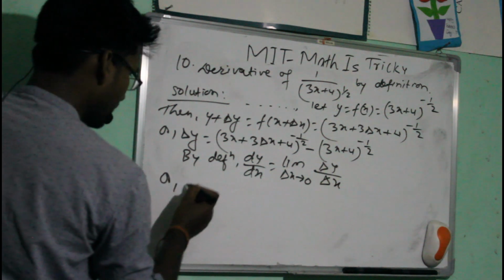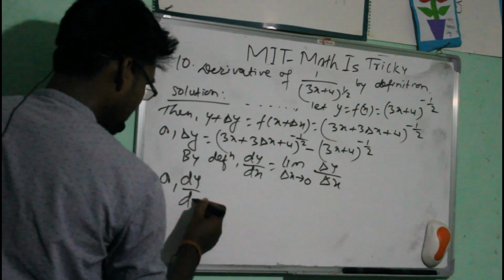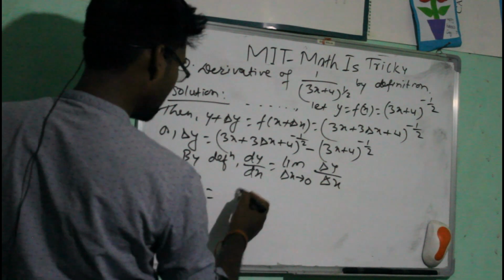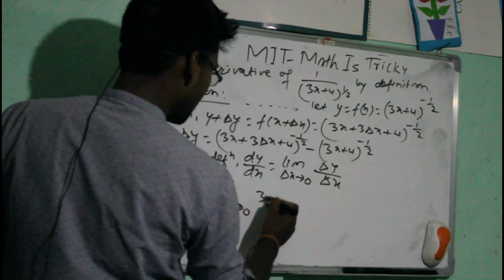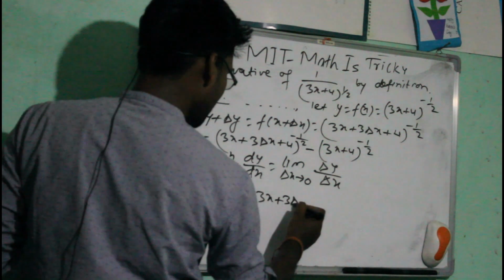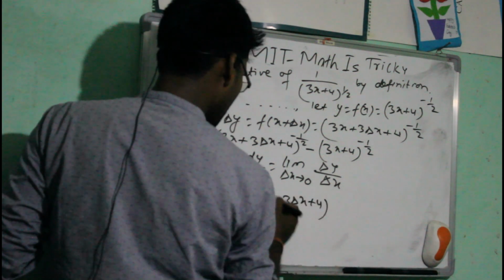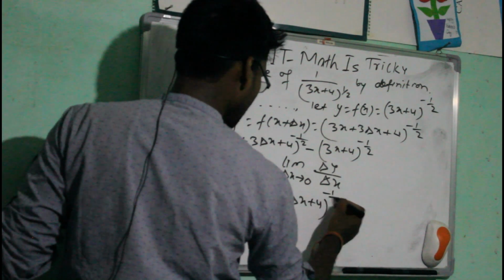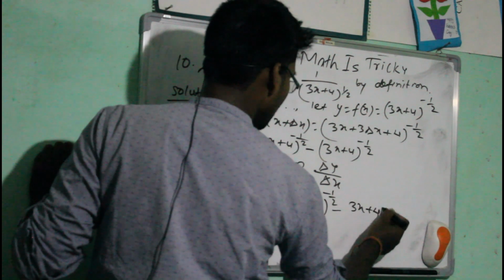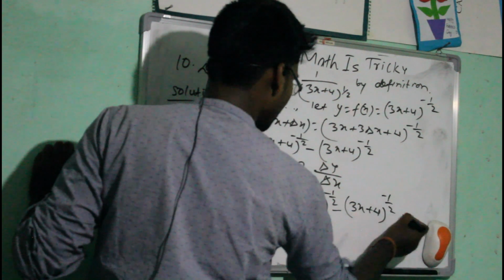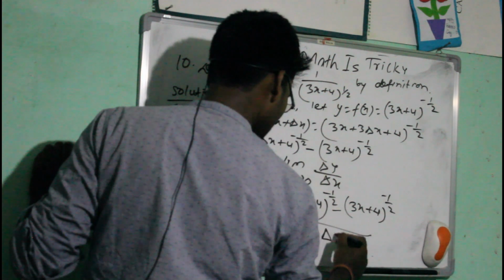So dy by dx equals limit delta x tends to 0, [(3x plus 3 delta x plus 4) raised power minus 1 by 2 minus (3x plus 4) to the power minus 1 by 2] by delta x.